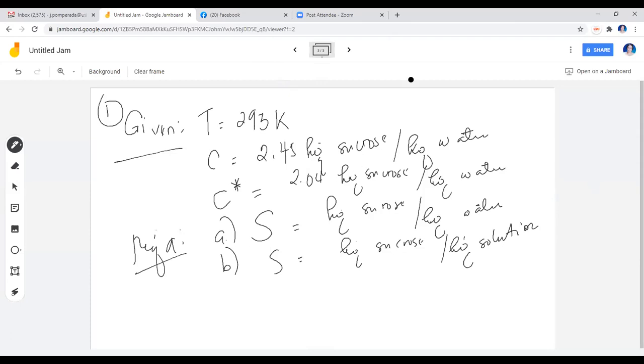If we go back to the slide as to the formula, I'll just share the board to you, that way I will not be forgetting where I am. The formula in determining the supersaturation ratio S is C over C asterisk.